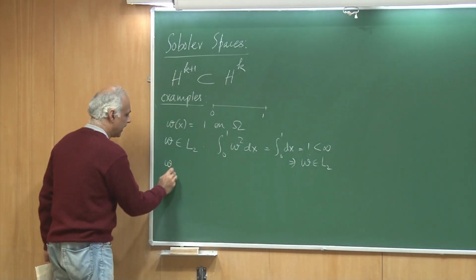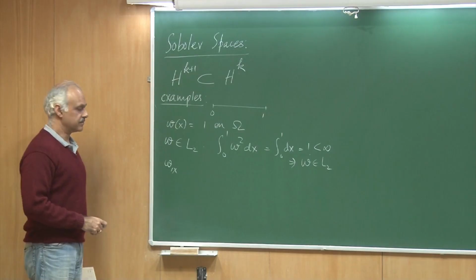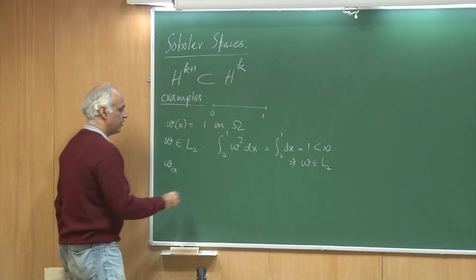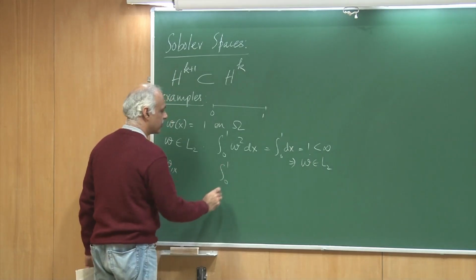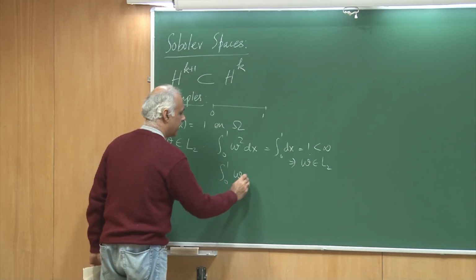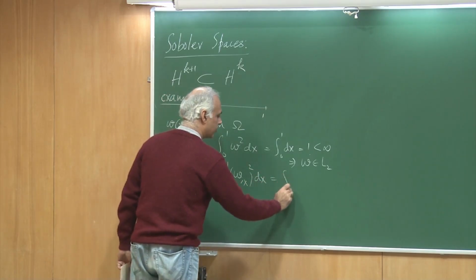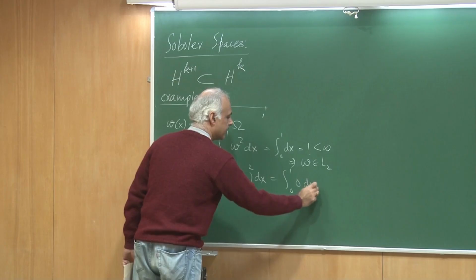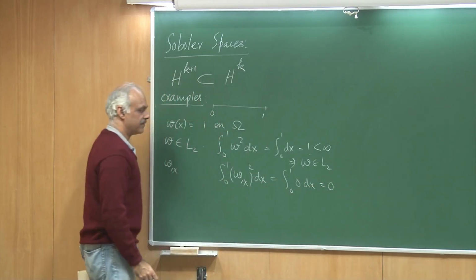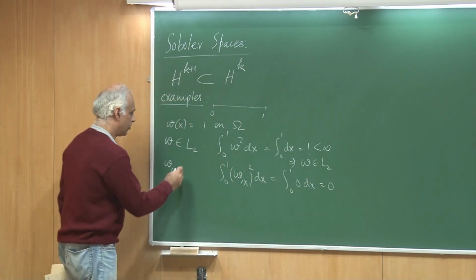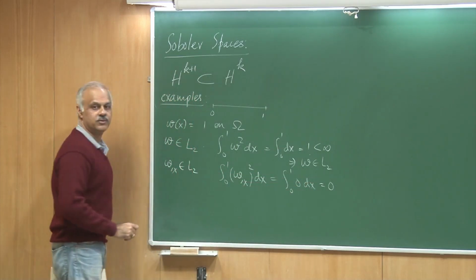What about w comma x? W comma x in this case is 0. So let us do that integral: 0 to 1 of w comma x whole squared dx, that is the integral of 0 dx, which is 0. So certainly this is also less than infinity, so it also belongs to L2.